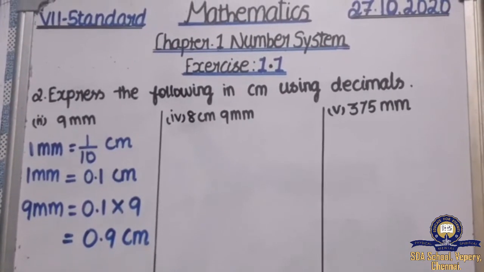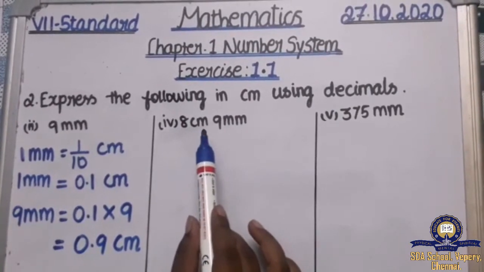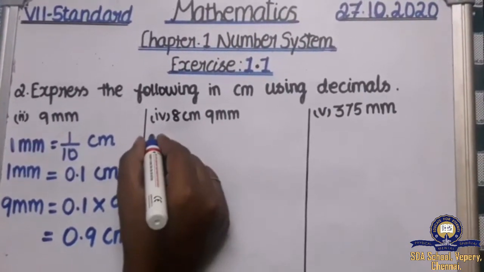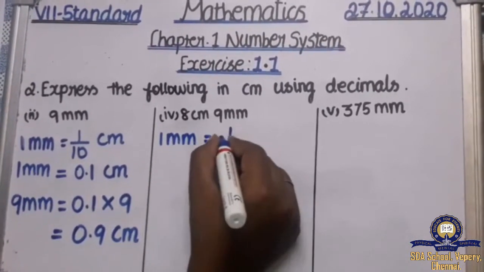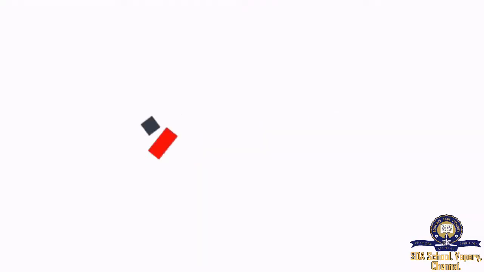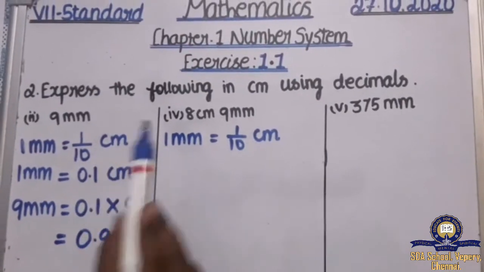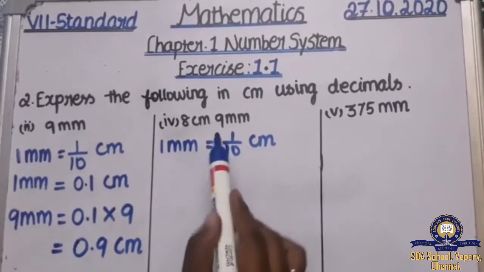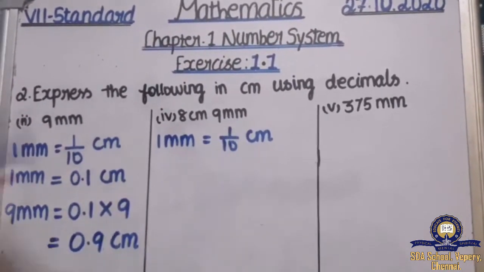Okay students, now we move on to the next problem. Here they have given 8 centimeter and 9 millimeter. We already know 1 millimeter is equal to 1 by 10 centimeter. Here 8 is already in centimeter, so we can keep it. Here 9 is in millimeter, so we need to change this millimeter into centimeter.